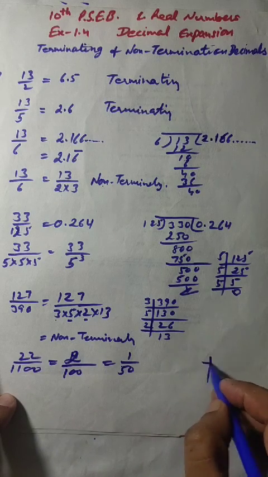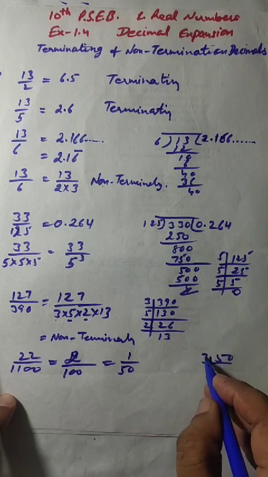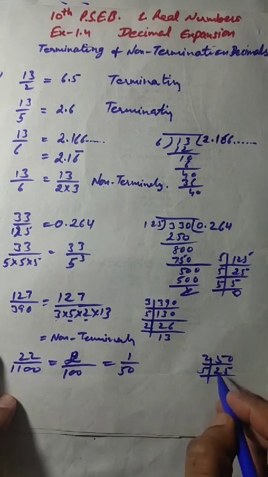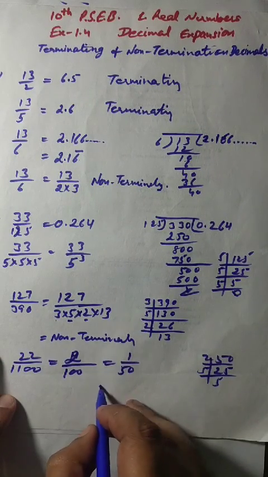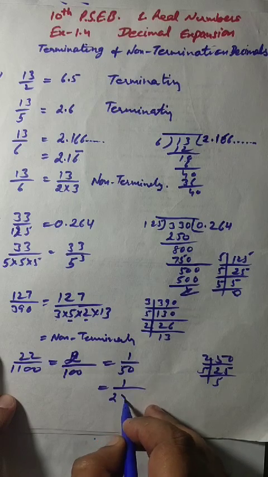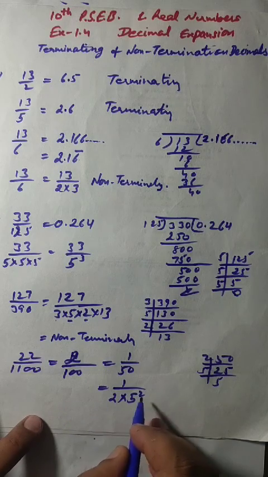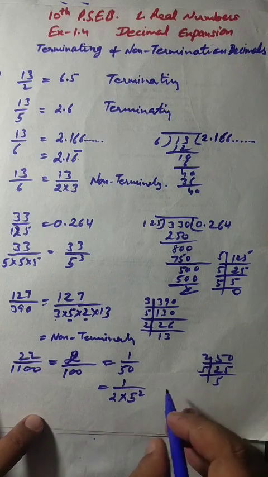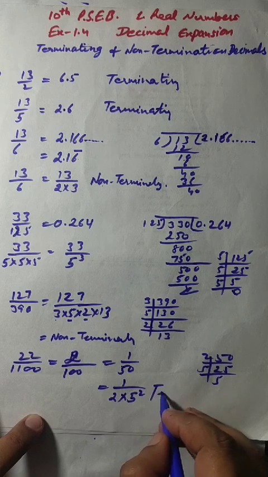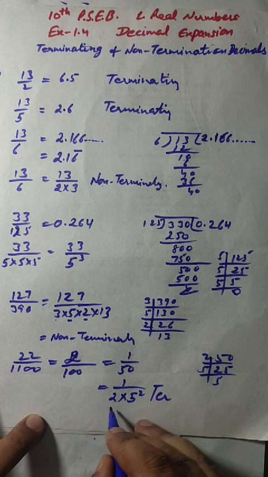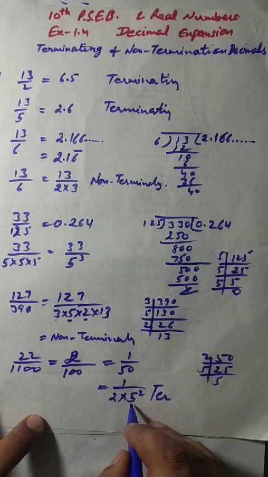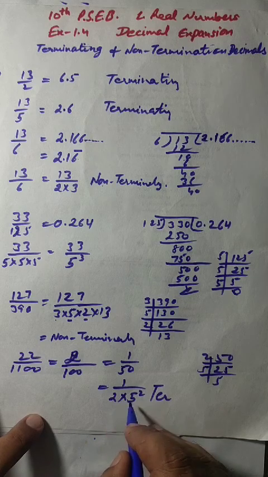Now we'll take the prime factors of 50. As we can see here, the prime factors are 2 multiplied by 5 raised to power 2. So we can easily judge here that this term would be a terminating decimal, because there are only two prime factors in the denominator, that are 2 and 5.